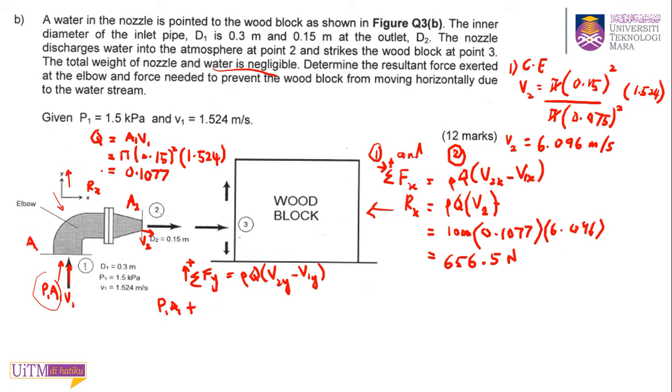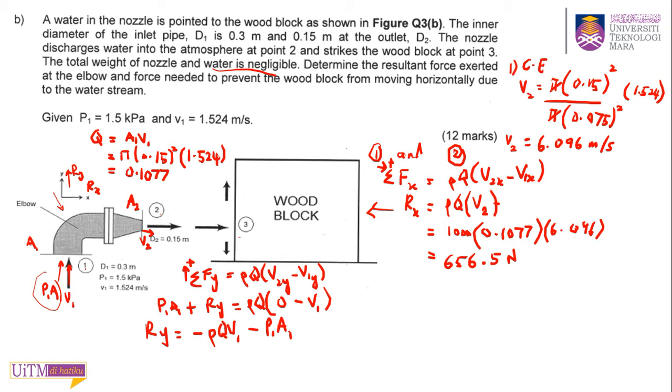RY in your reference axis, so plus RY, and that's it. So equal to rho Q times V2y, which is 0 as there's no V2y, minus V1y, so V1y is V1. Okay, so RY will equal to negative rho times Q times V1 minus P1 A1.